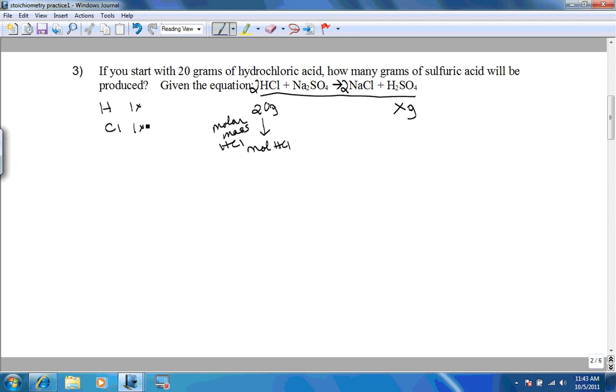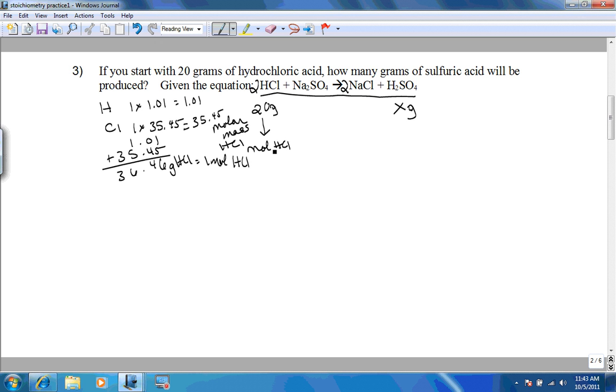You can look on the periodic table and find the hydrogen is 1.01 and chlorine is 35.45. 1 times 1.01 and 1 times 35.45. Now we have to add those two numbers together. And that comes out to be 36.46 grams of HCl is equal to 1 mole HCl.